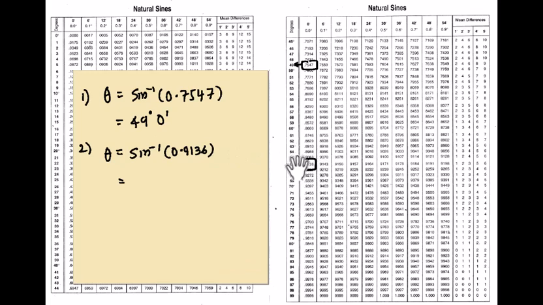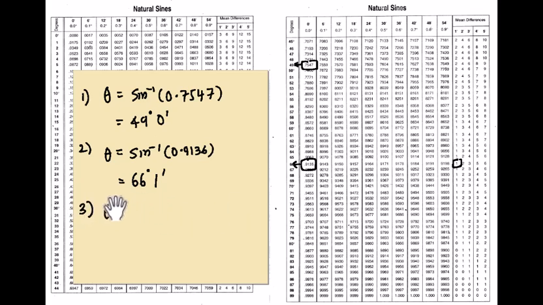So this is corresponding to 66 degrees, and of course this is 9135. We want 9136, so I will add 1 here, and this is corresponding to now 1 minute. So because this is 0 here and this is turning out to be 1 here, it is 66 degrees and 1 minute. That is another example.